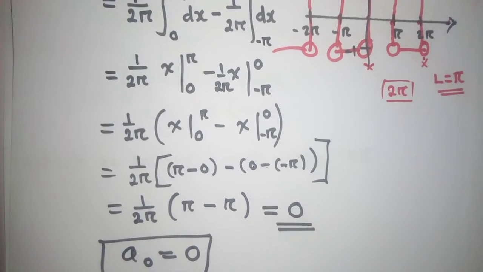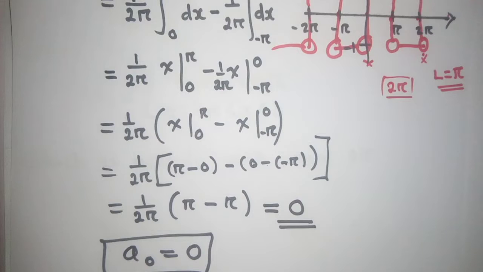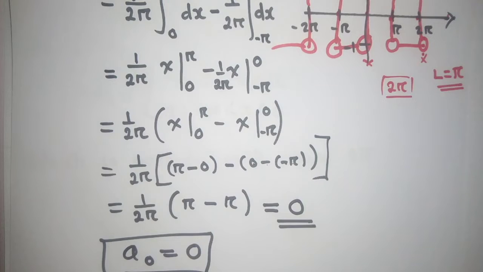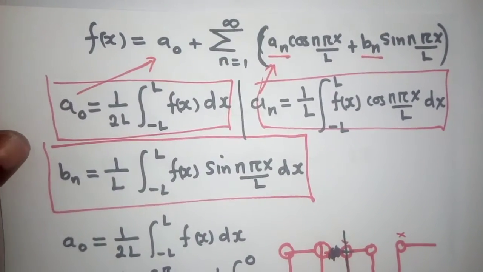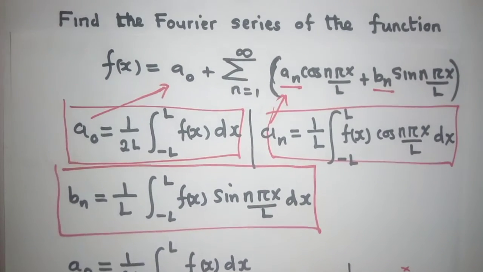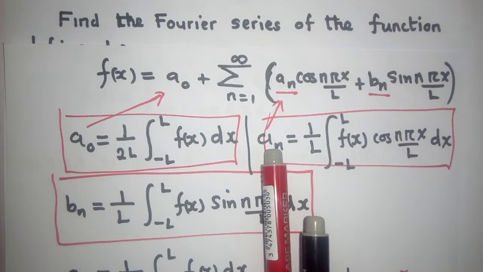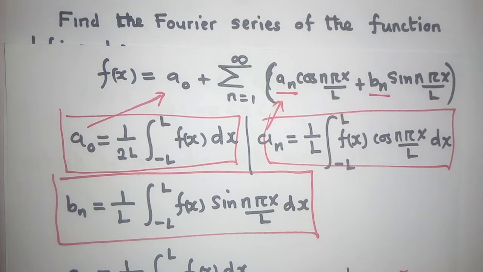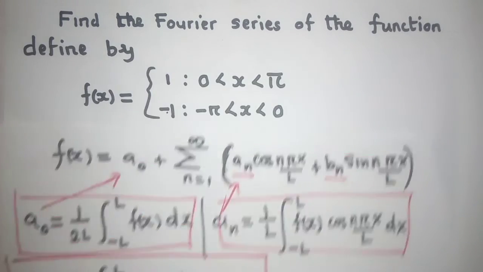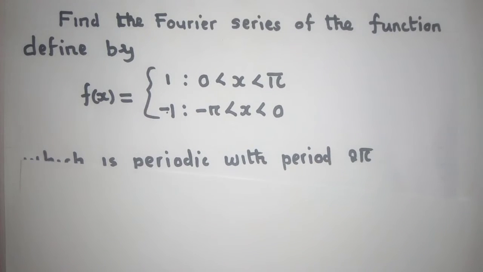So we find now our a subscript n. So remember, for a subscript n, we said we are supposed to be using this formula right here. So let me copy the formula.